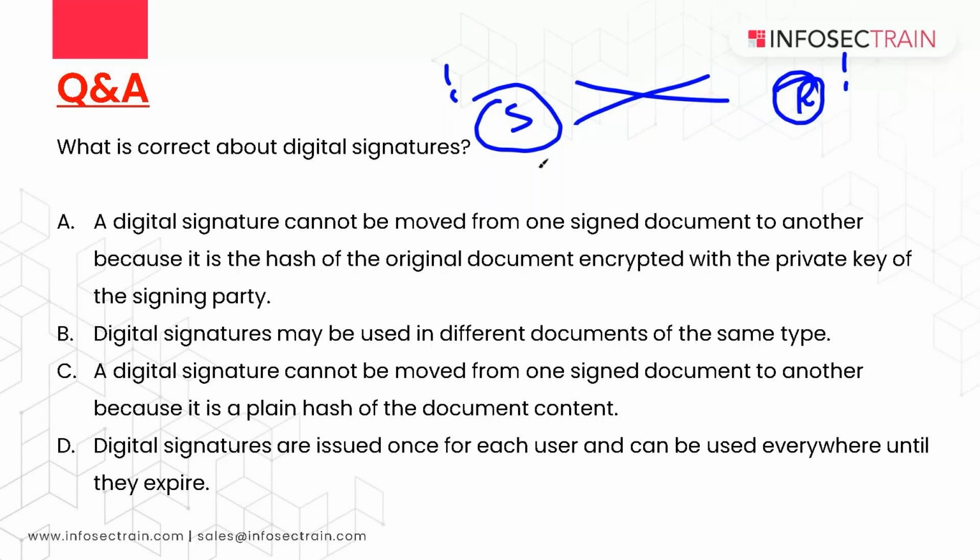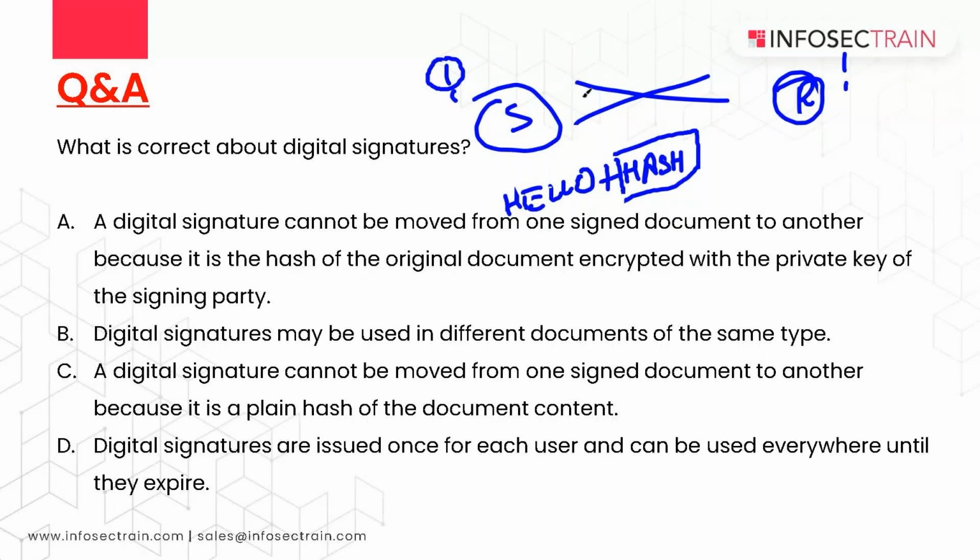So the sender, let's say, has to send hello. Once he writes hello, he calculates the hash of this hello, and then encrypts the hash of the original message using the sender's private key. That is known as your digital signature.